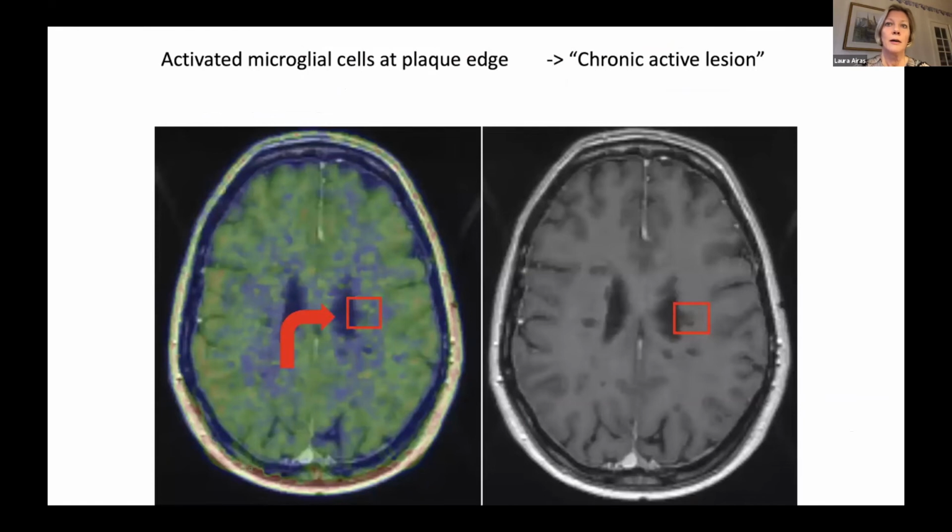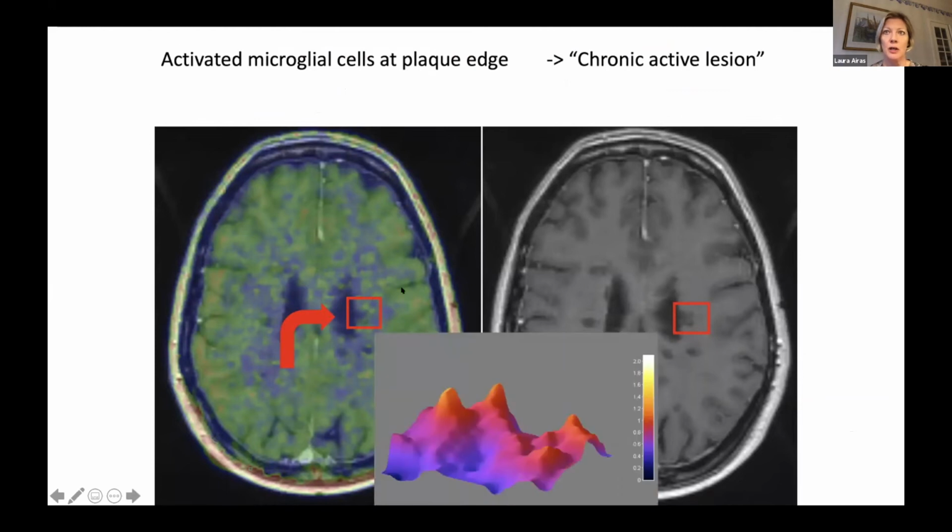And here is a demonstration of a chronic T1 lesion with visualization of this PK binding at the plaque edge with a 3D surface plot here. So here we are sort of looking into the lesion. The lesion core doesn't bind the radioligand, but at the edge of the lesion you have this like a mountain range showing the increased ligand binding.